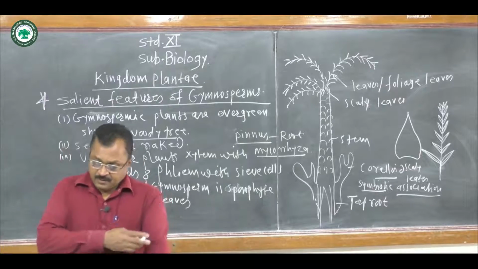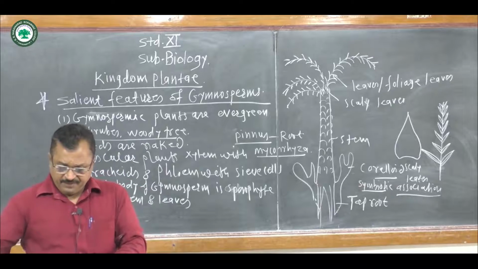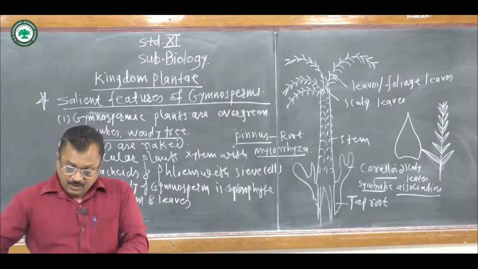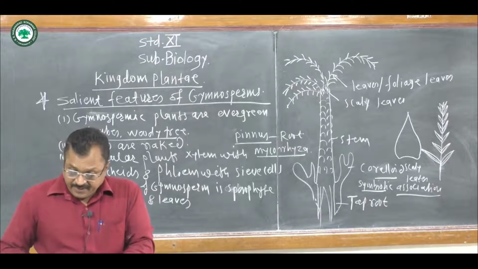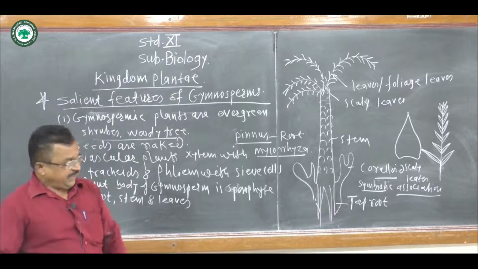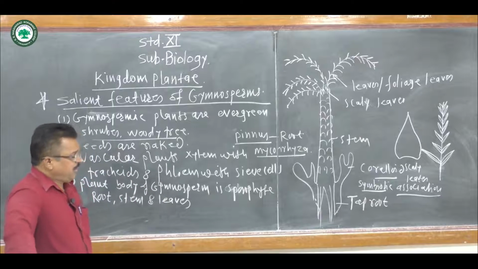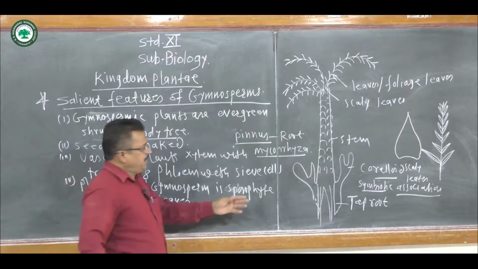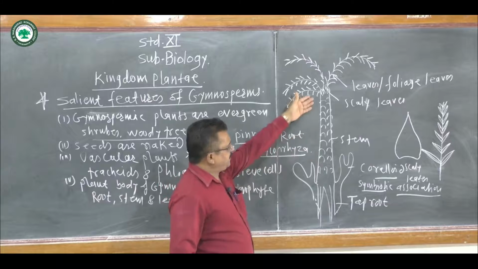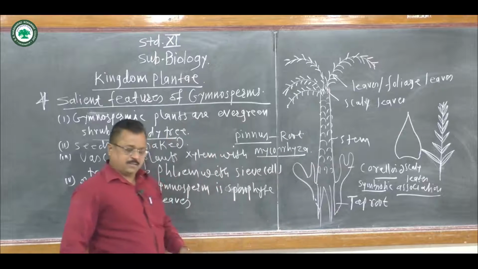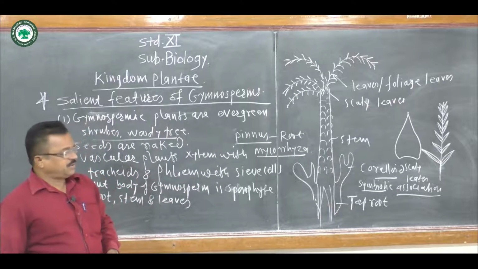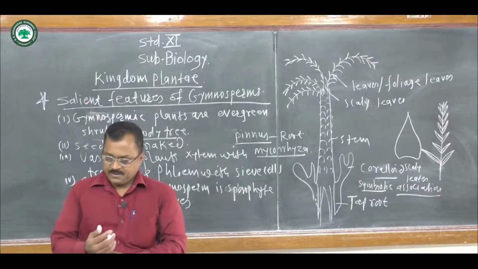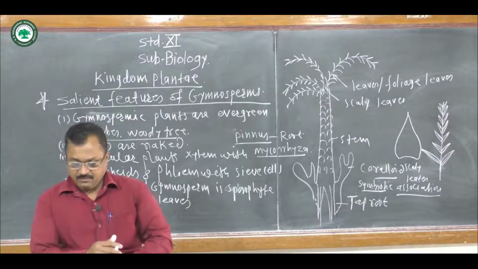Okay, that is about the root system. In gymnosperms, the stem is mostly erect, aerial, solid and cylindrical. In Cycas the stem is unbranched, but in Pinus it is branched.